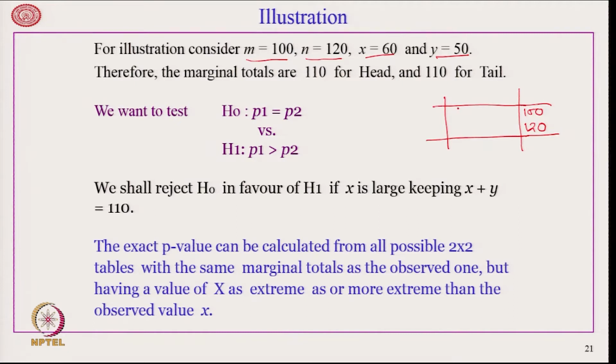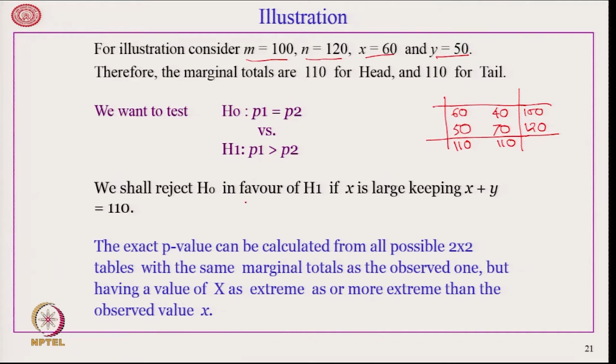We have got 60 heads here, and therefore, we have got 40 failures here. We have got a total of 110 successes, therefore, 50 heads here, and therefore, 70 tails here, and this is also going to be 110. So, this is the table that we could construct.